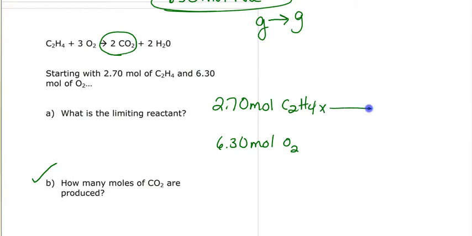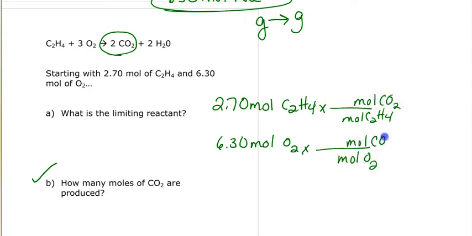So I'm going to set this up, go from mole of C2H4 to then mole of CO2, and make this mole of O2 to mole of CO2. Use my molar ratio. Remember, you can only use molar ratio to go from one compound to another. So this will be CO2 is 2, C2H4 is 1, and then CO2 again is 2, and O2 is 3. And then solve. So this works out to be 5.4.